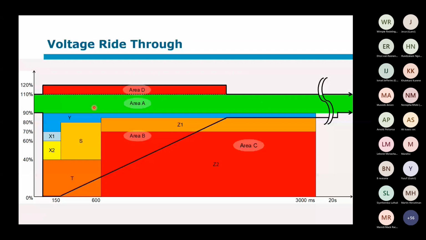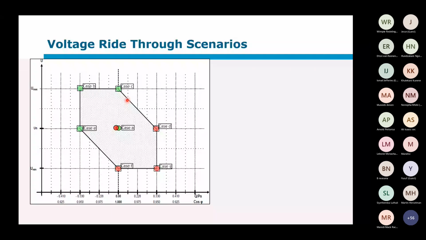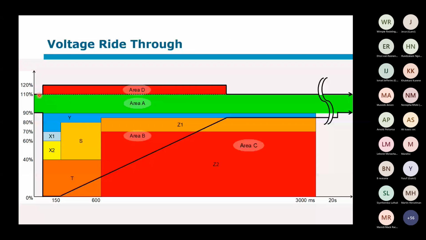One thing could be that if you started at the 1.1 per unit and it drops down to 85%, the inverter might actually think you've gone down to 85%, which means you sit in this area, just because it looks at the size or the magnitude of the jump rather than the actual voltage at the point of connection. So that's why you do test it at a range of scenarios.